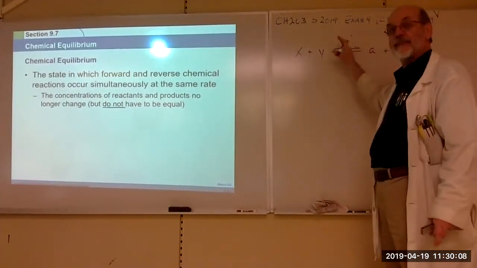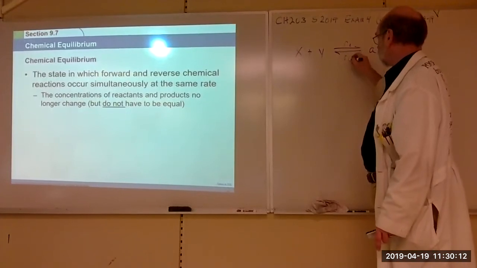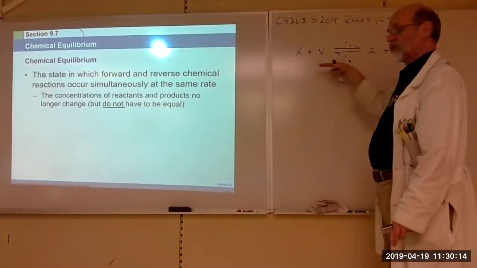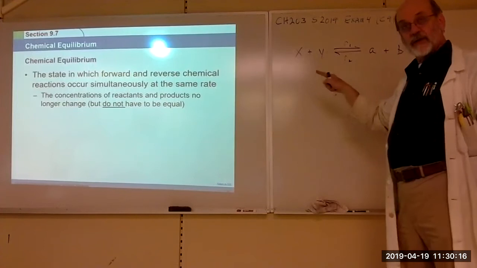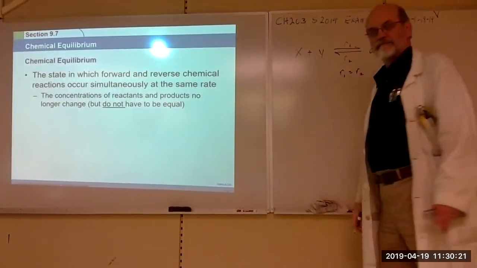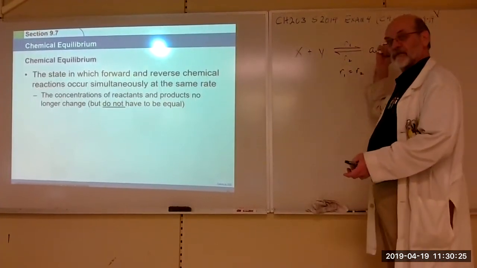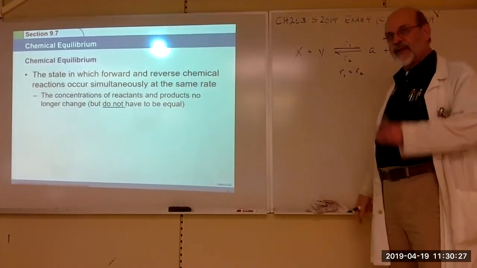So the rate of this one and the rate of that one, forward and reverse, at equilibrium, these two rates are equal. It's reached a balance point where this one balances that one. That's equilibrium.